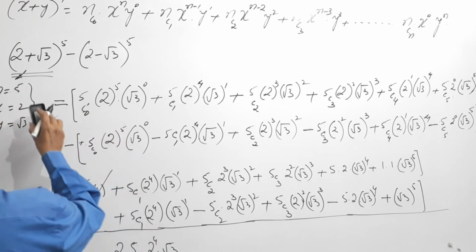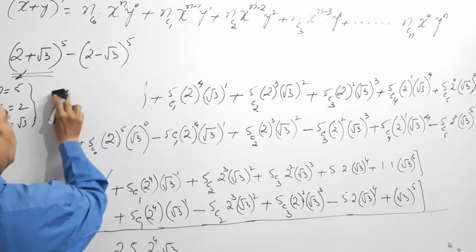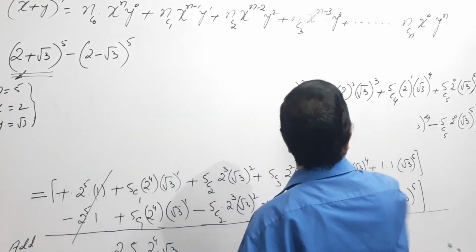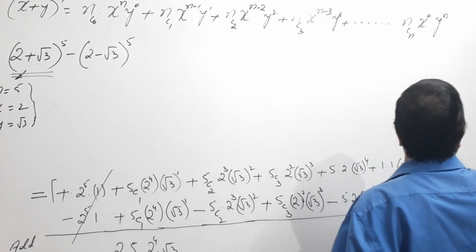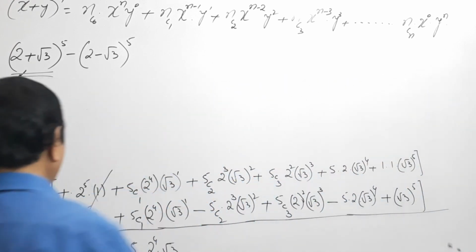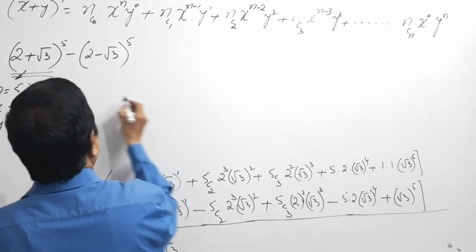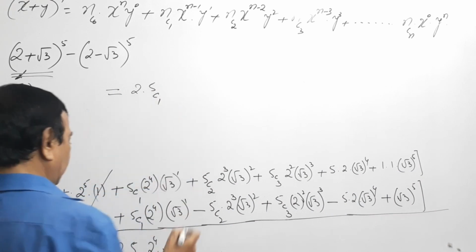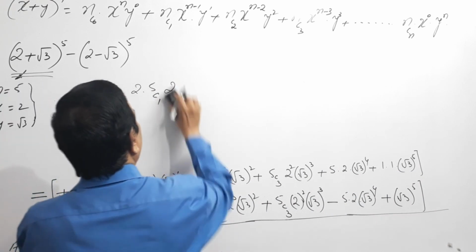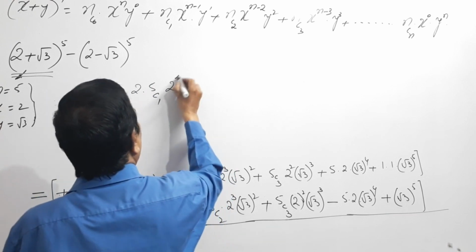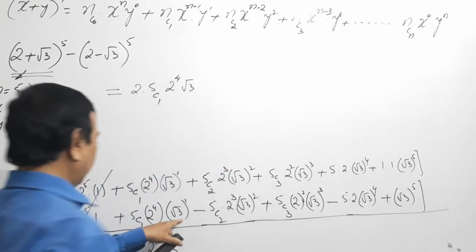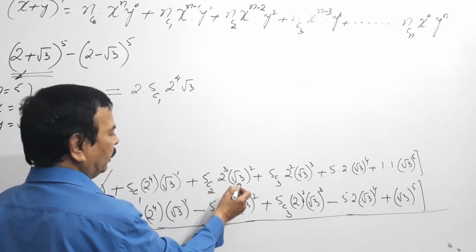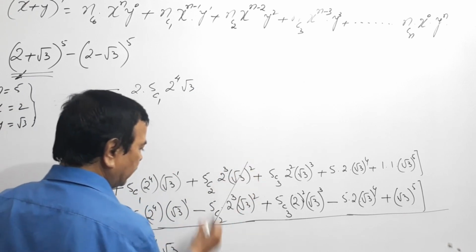So I take this step up, I rub this, so this cancels, this is nothing but equals to 2 into 5C1 2 to the power of 4 root 3. So this again plus 5C2 2 to the power of 3 root 3 the whole square, and you have minus, this cancels.